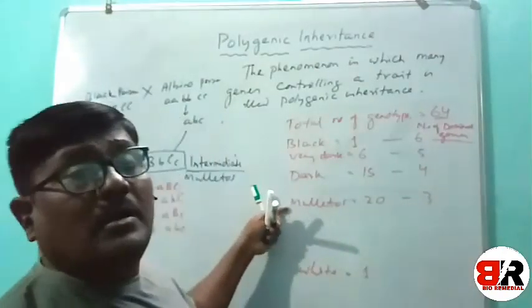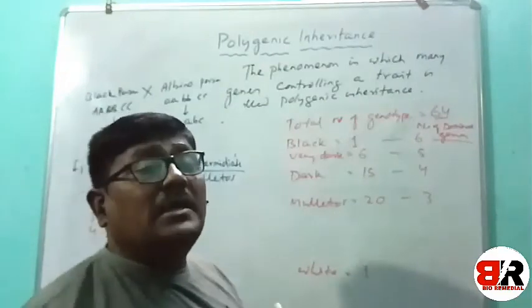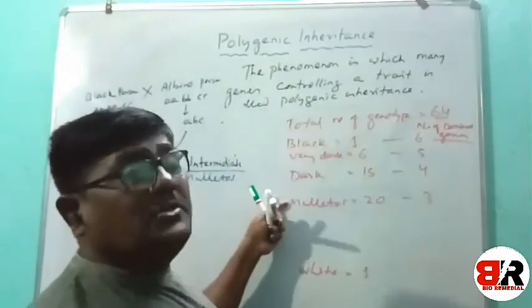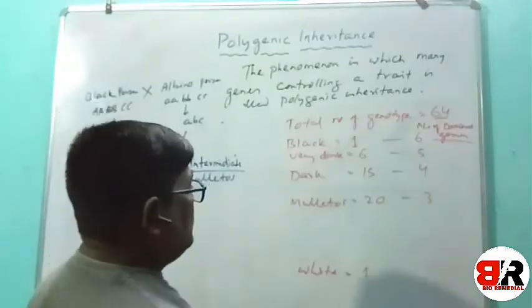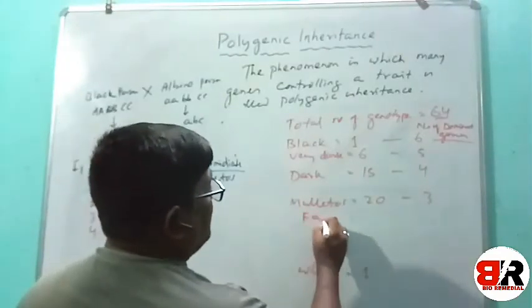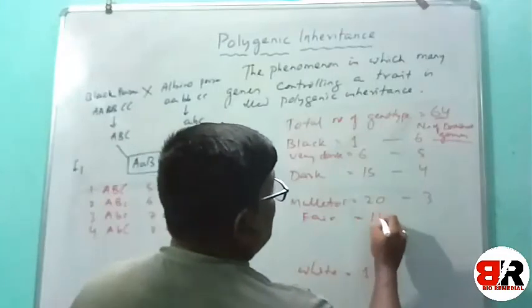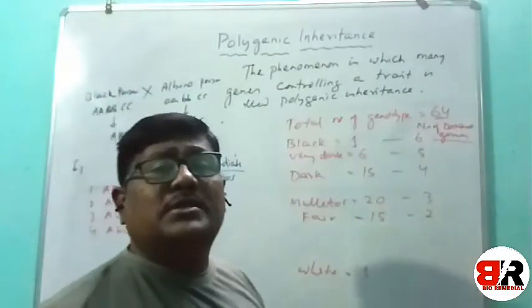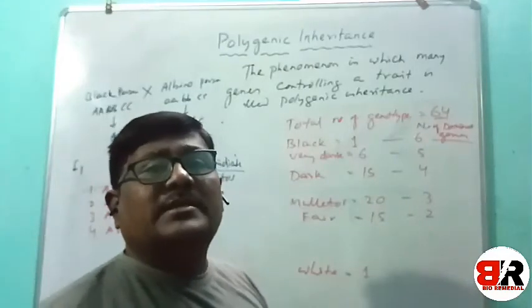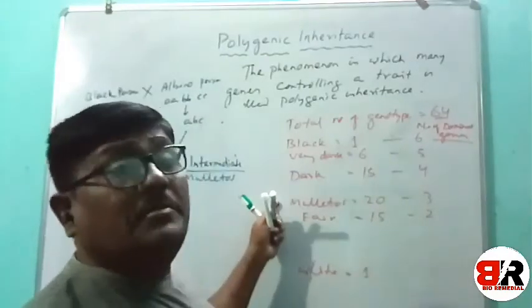Then after mulatto, it is fairer than intermediate, fairer than mulatto. Or you can say fair. Fair will be another 15. This will be again 2 number of dominant genes, so melanin secretion will be lesser than the intermediate.